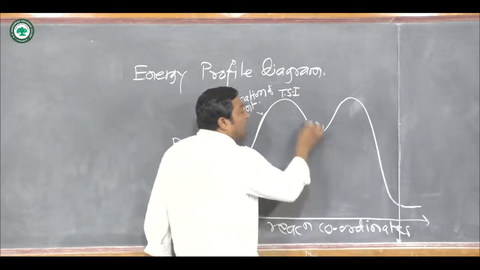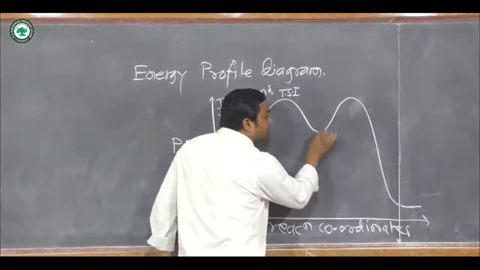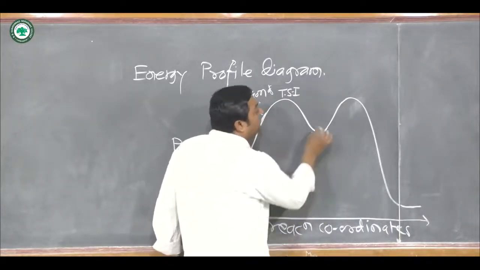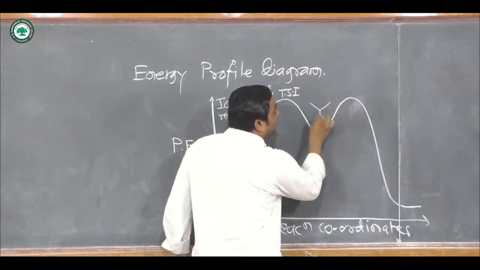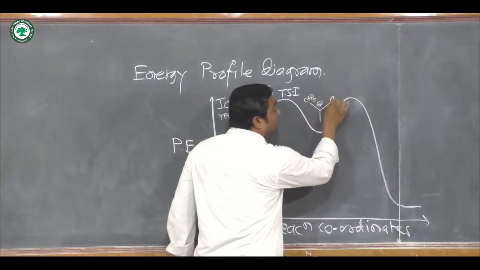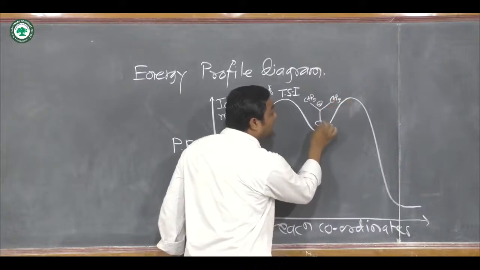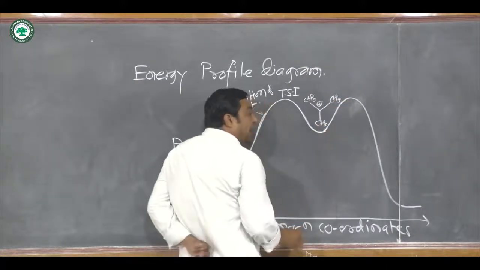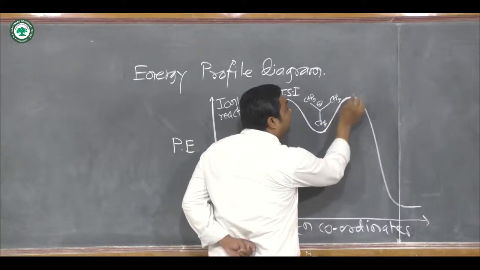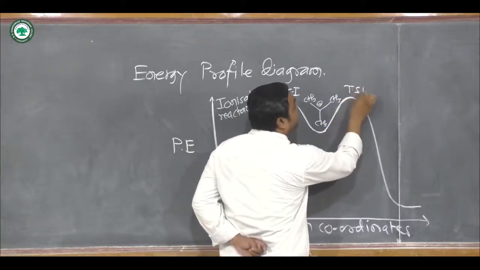Now at this position, at this curve, the formation of carbocation takes place. The formation of what? Planar carbocation takes place, and from here the energy goes to the transition state 2.